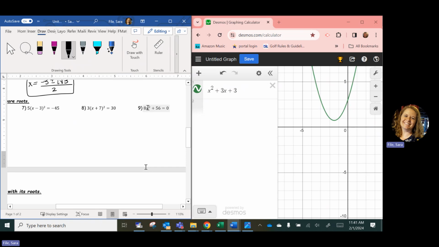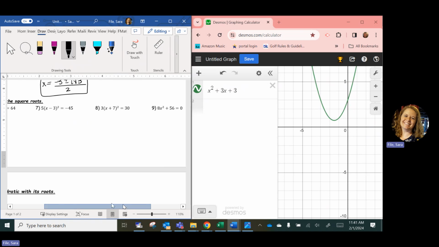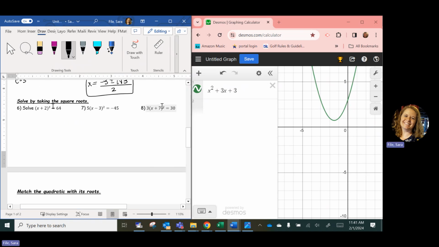There's ax squared and there's the c, there's no bx. And these that are set up like completing the square has already been done, or they're almost in vertex form, you can do the square root method because x only shows up in one spot. Okay, so if there's only one x, then you can do the square root method.